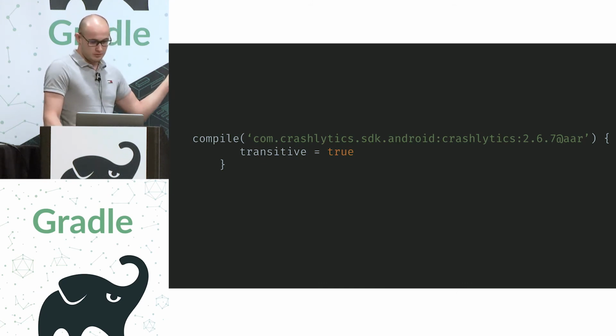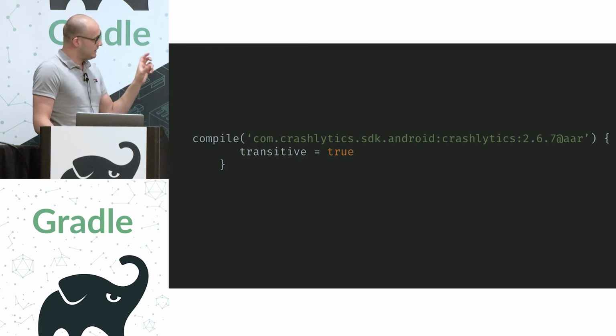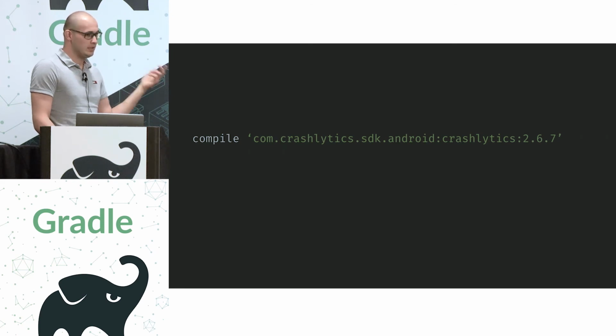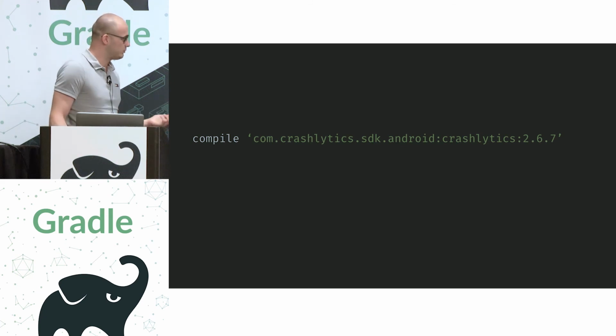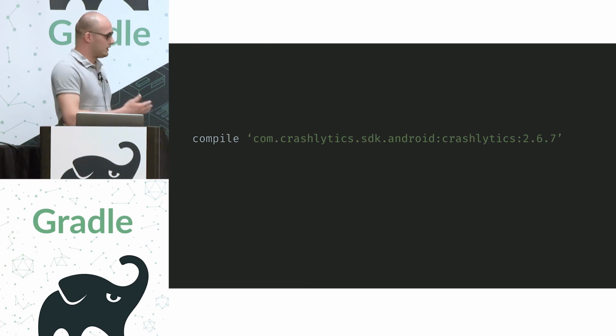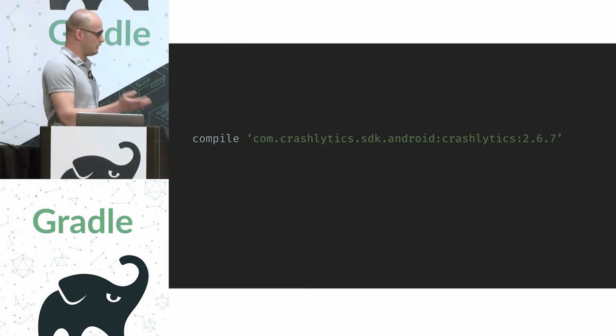So we need to tell it explicitly because AAR disables that. And it doesn't make sense because Crashlytics only ships AAR. So we can just drop the AAR completely. It will get resolved to AAR properly, and we don't need the transitive explicitly set to true. Yeah. And I don't know why they don't. Why it would make sense if they had like jar and AAR jar for Java libraries. I don't know.